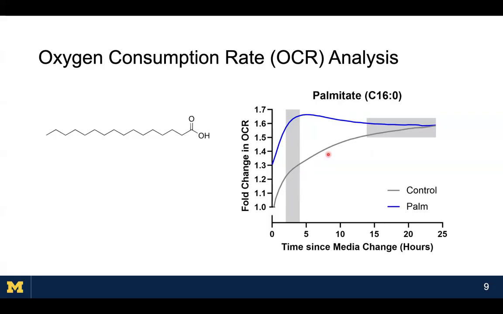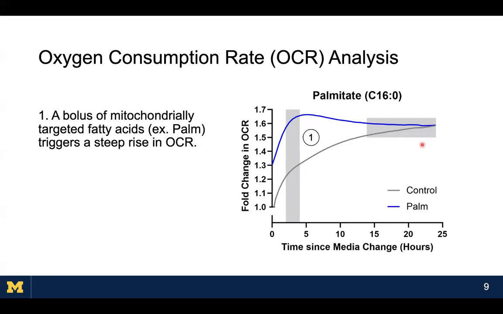And the 2 parts of these graphs that we're going to be looking at are highlighted here in gray, one at the start of the run and one closer to 25 hours at the end of the run. These 2 parts of the graph first indicate that a bolus of mitochondrially targeted fatty acids like palmitate here in blue trigger a really steep sudden rise in OCAR.